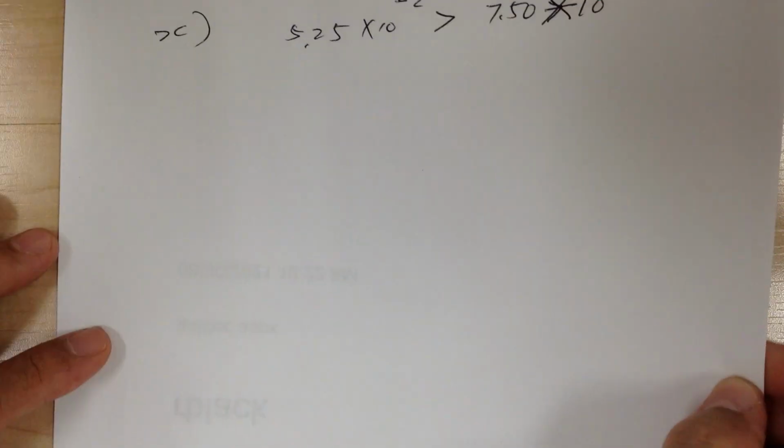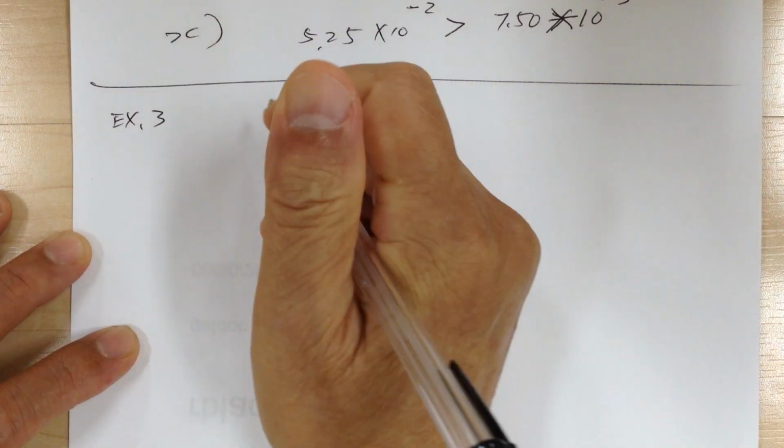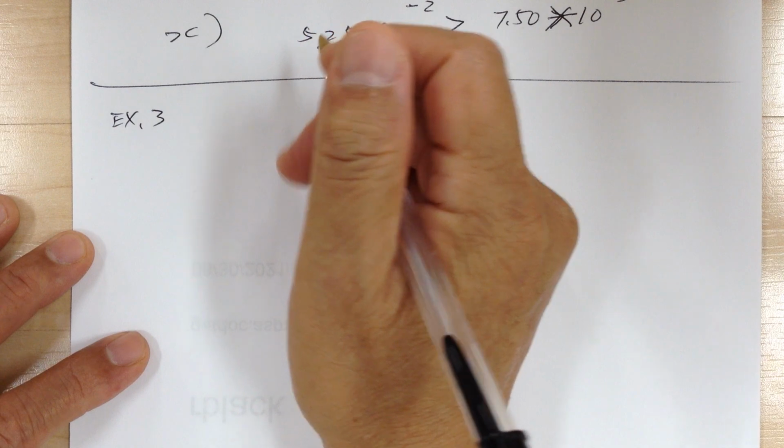Okay, let's go to example 3. It says find a one significant digit estimate of x.